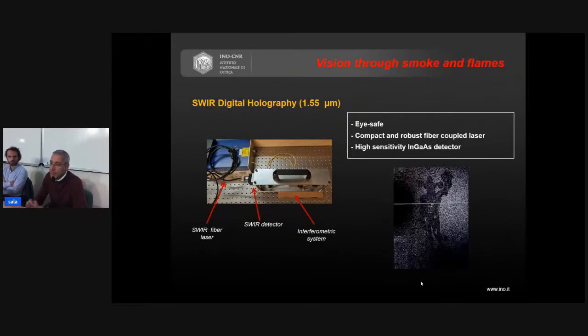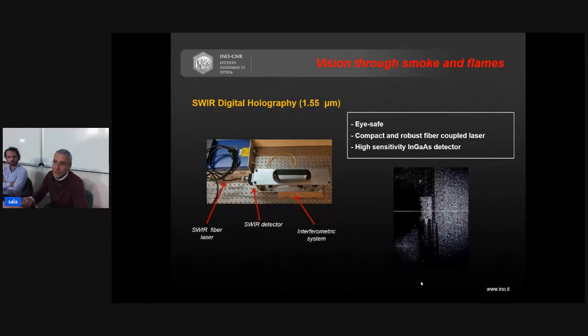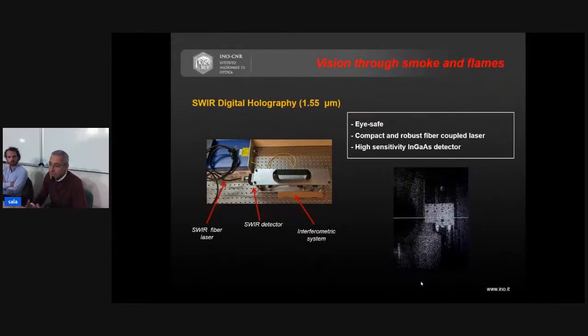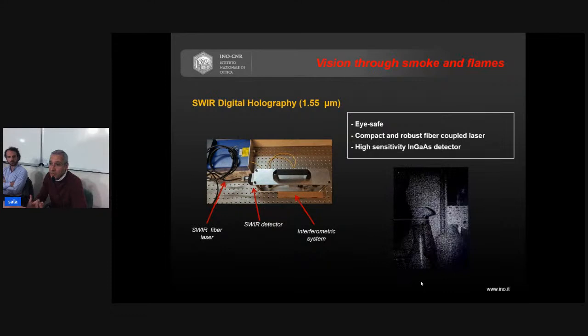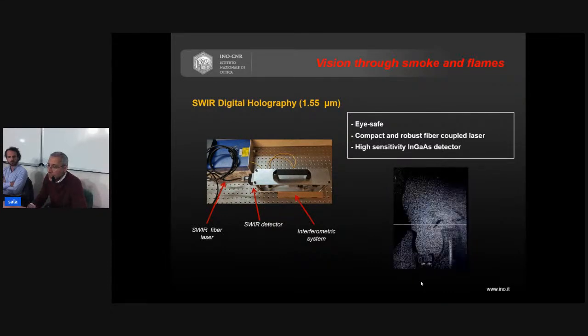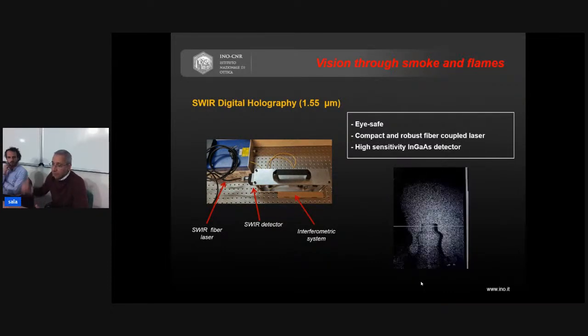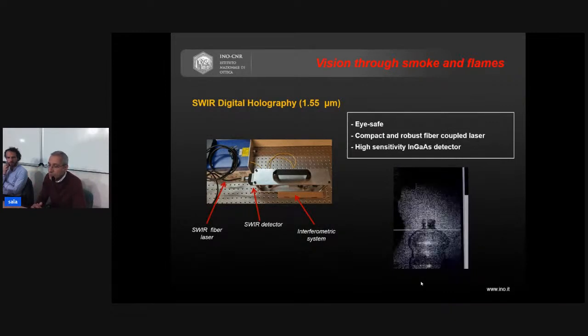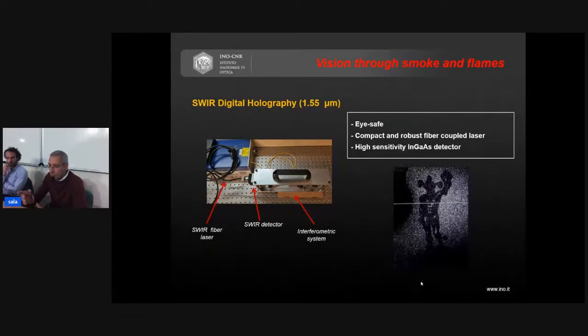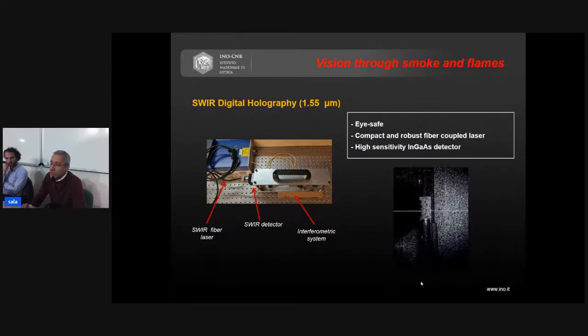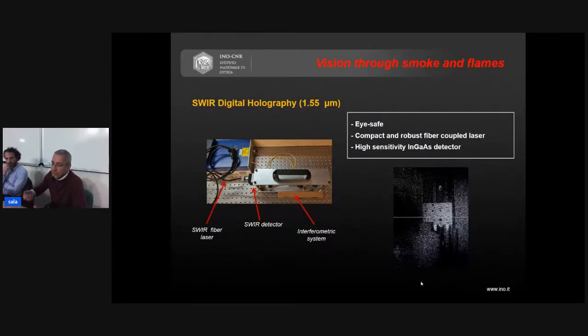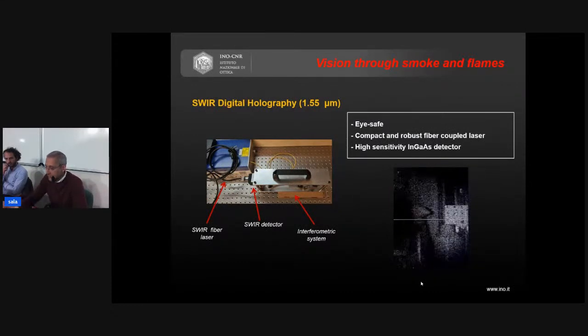And this is what makes it possible to handhold the system, despite it being a very radiation-sensitive interferometric system. Here you can see, for example, a video that we have realized using our current digital holography prototype, and it was realized handholding the system.